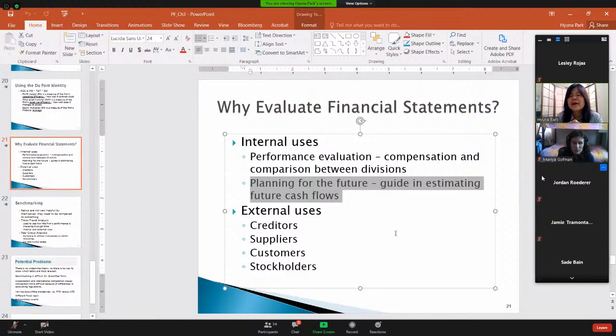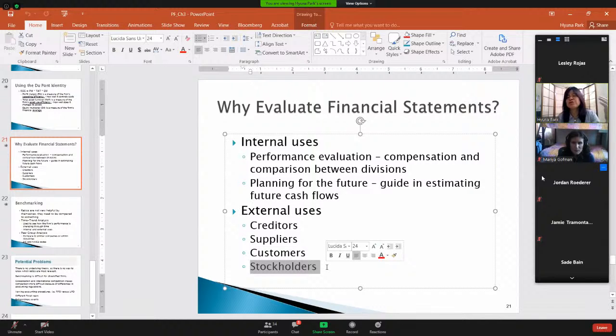And also, financial statements will be used by outsiders, like stockholders. Wall Street analysts will definitely use financial statements to do calculations, like the PE ratios we learned. That is an external use example.